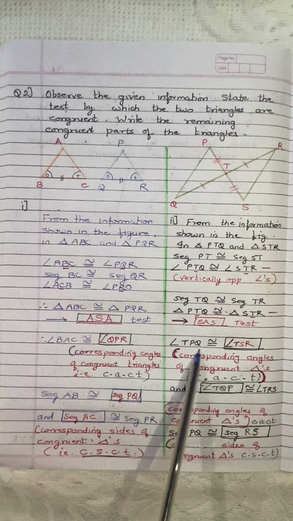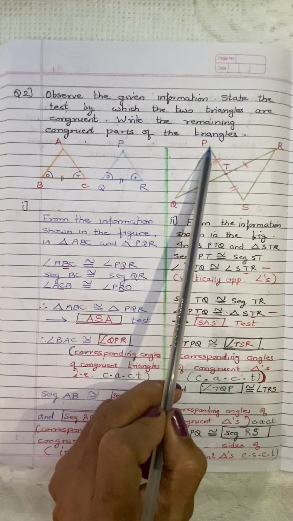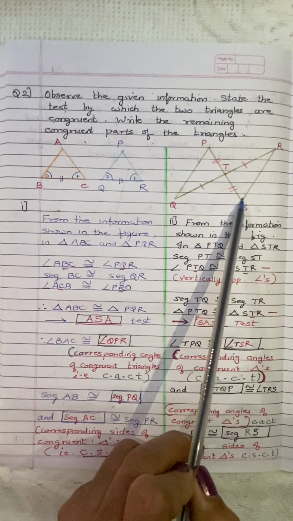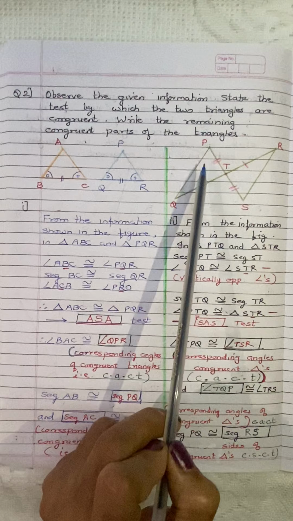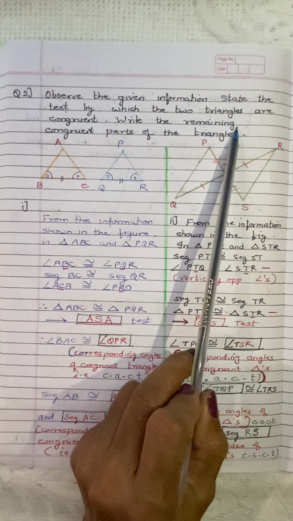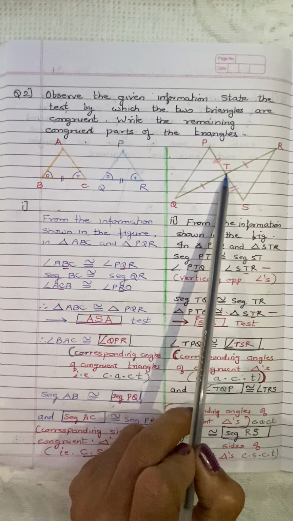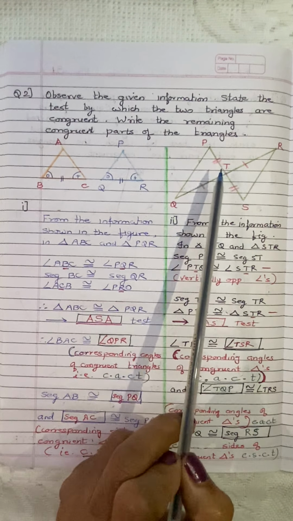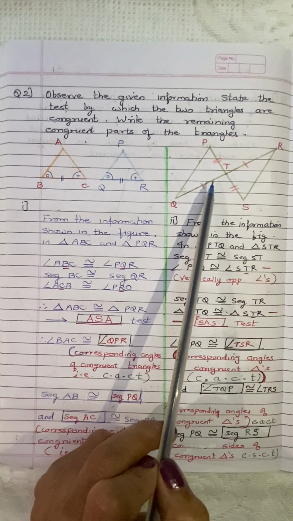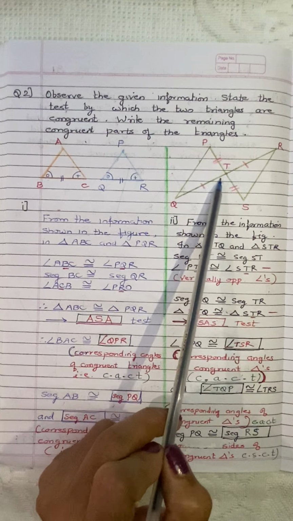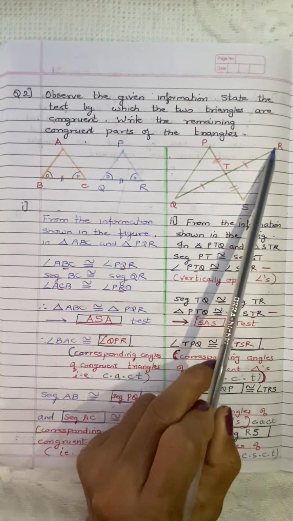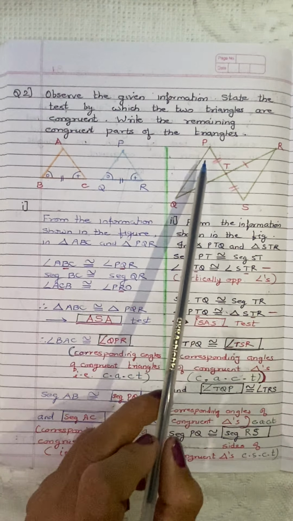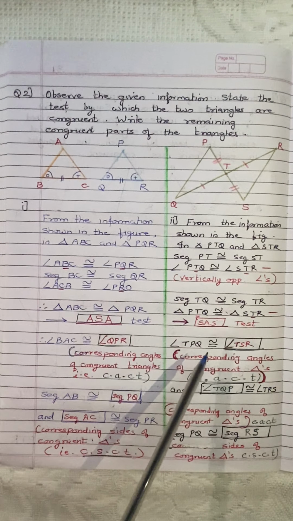Now angle TPQ is equal to TRS, corresponding angles. Now they have asked us to find the remaining angles and sides. So this is according to the test we proved. Now the remaining angles also will be the same, that is angle TPQ is congruent to TSR, corresponding angles of congruent triangles.